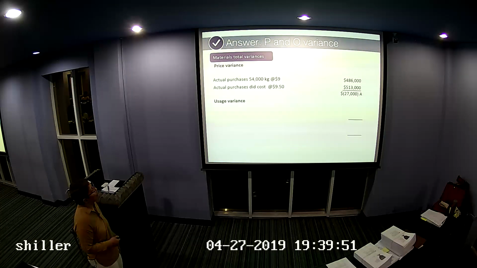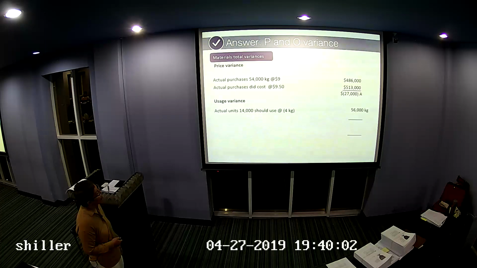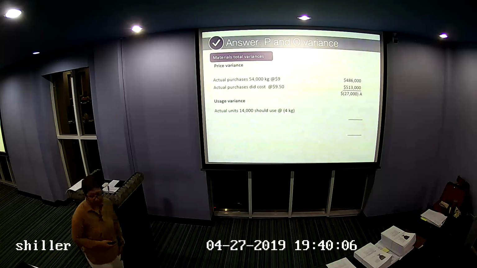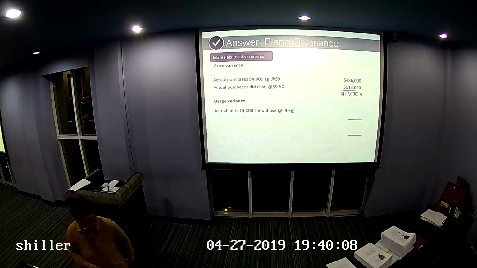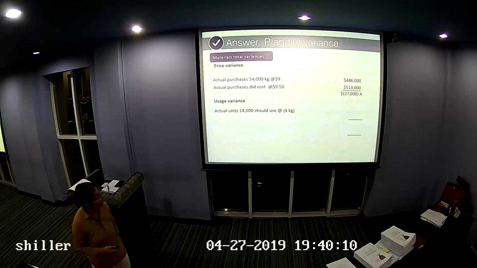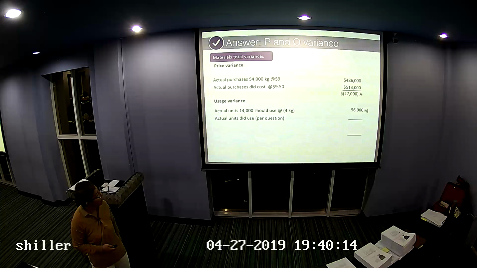Now, the usage variance: you have actual at 4 kilograms, 4,000. What is 14? 14 is actual units. They need 4 kilograms. Actual units, 54. So you have favorable at the standard price of that.